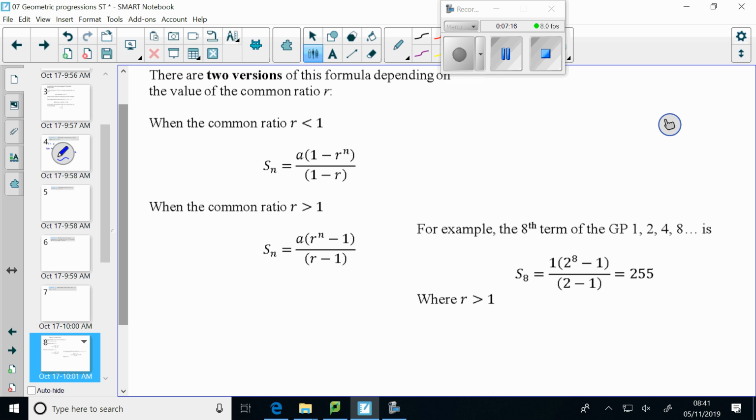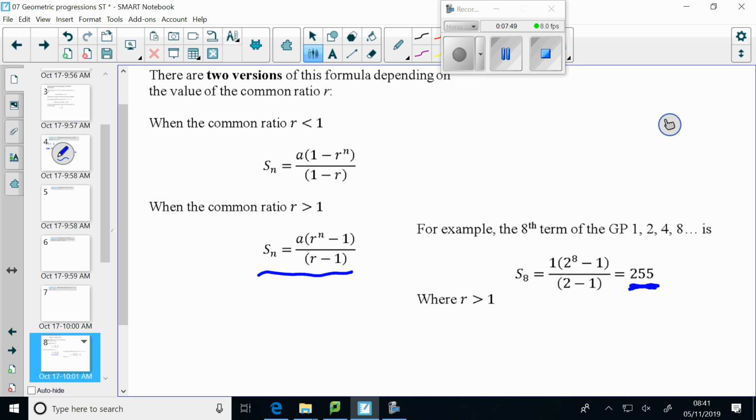So in the example, the sum of the first 8 terms in this GP, we're multiplying by 2, so r is greater than 1. We're using this version of the formula. So it's 1, which is the first term, times 2 to the power of 8 minus 1 over 2 minus 1.